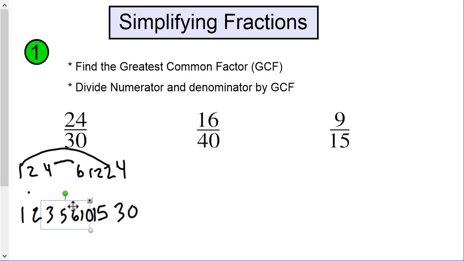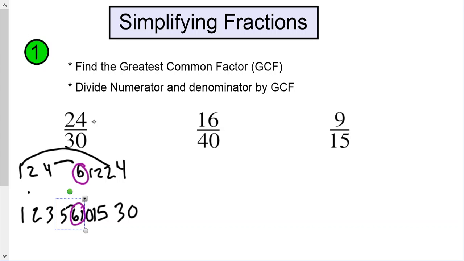Okay, and then this is the middle right here. Okay, so once you get all the factors out, you can look at the numbers and see which is the biggest number that both go into. Okay, so if 24 and 30, if we're looking at the bigger side over here, we see that 6 and 6 go into both 24 and 30.